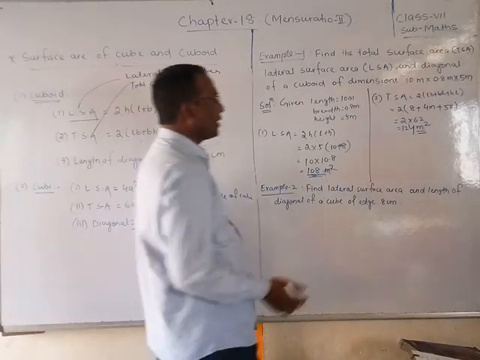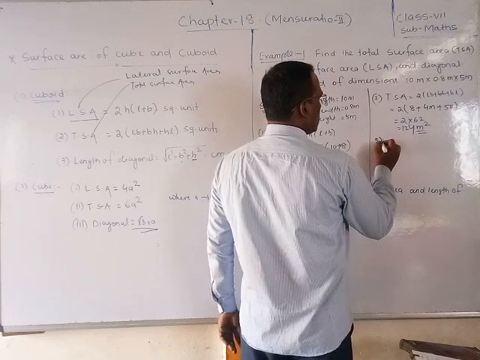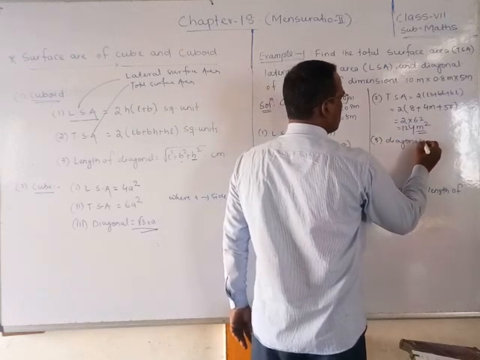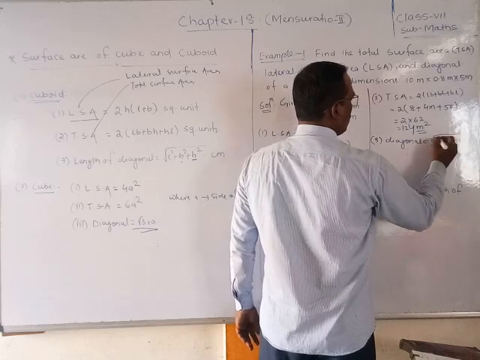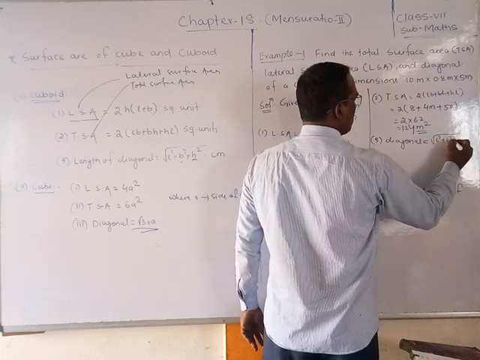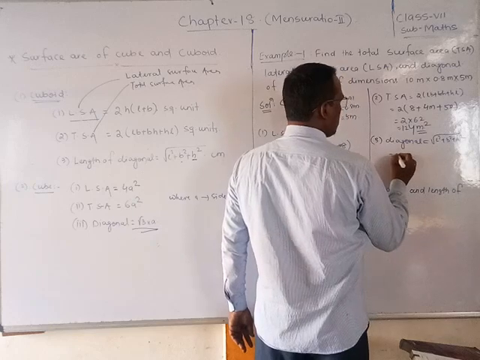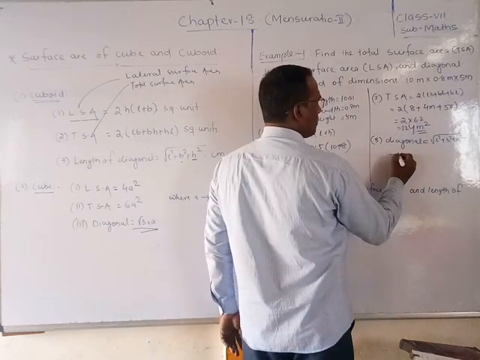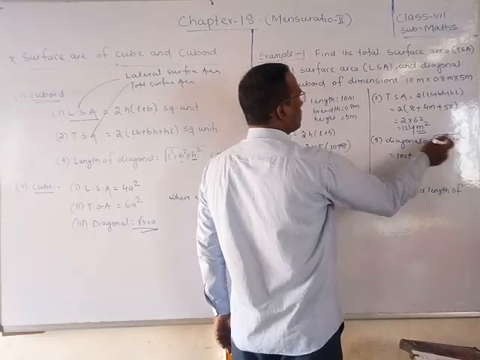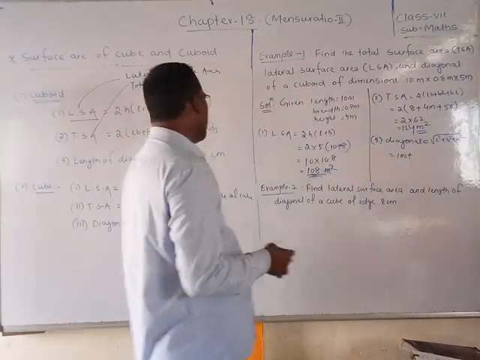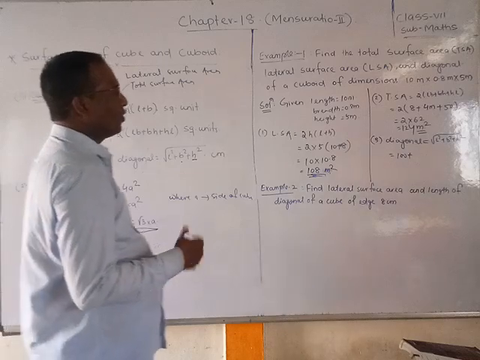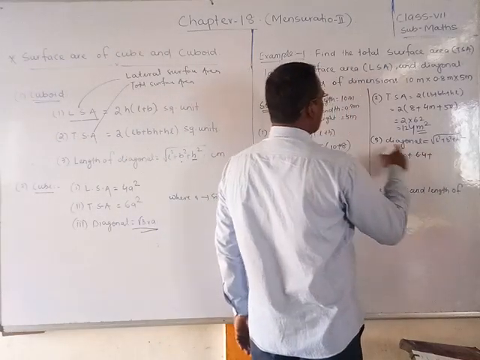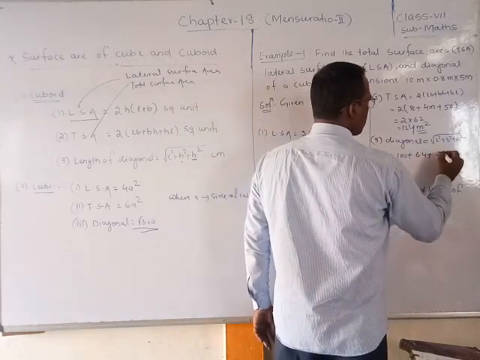How should we find the diagonal, students? The formula is root over L square plus B square plus H square. L, the length, is 10, square means 100, plus breadth 0.8 square, 8 into 8 is 64, so 0.64, plus 5 square means 25.